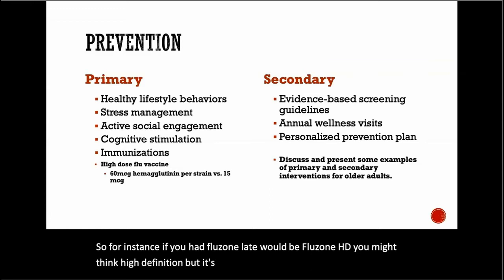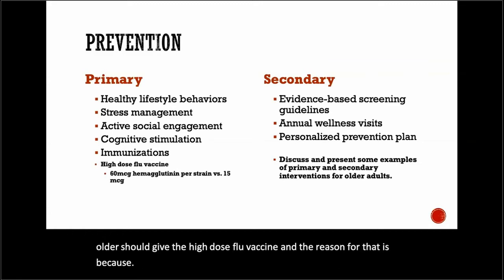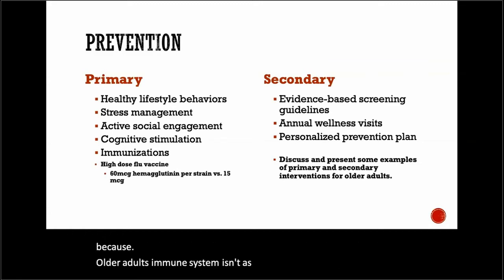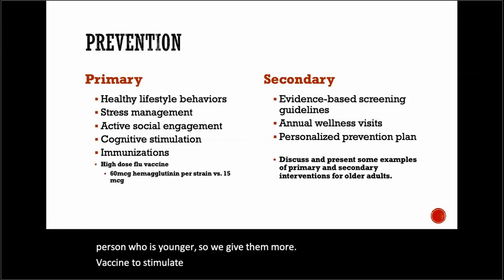People who are 65 and older should get the high dose flu vaccine. And the reason for that is because older adults' immune system isn't as effective as people who are younger. The older adult's immune system doesn't build antibodies as easily as a person who is younger. So we give them more vaccine to stimulate a better response so that they do build those antibodies.